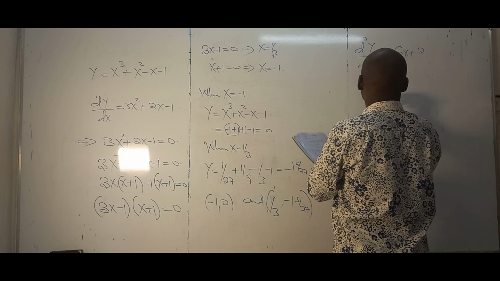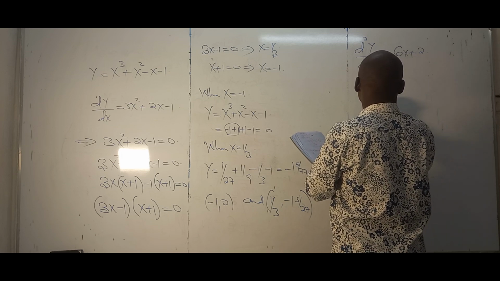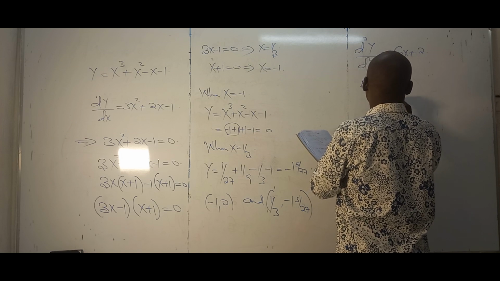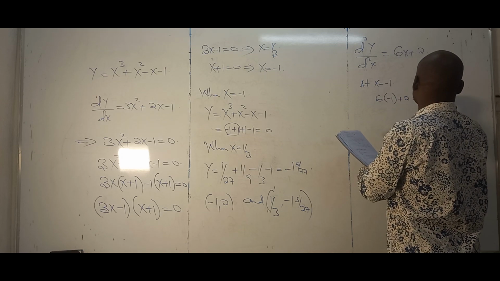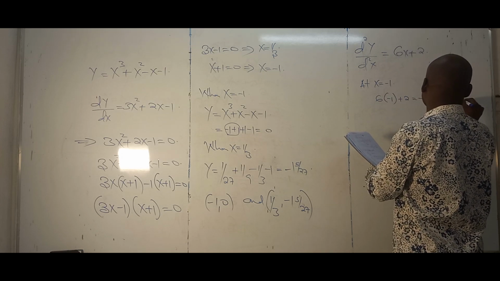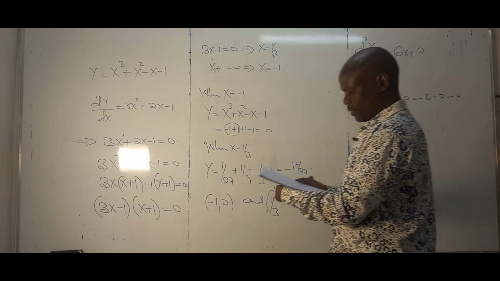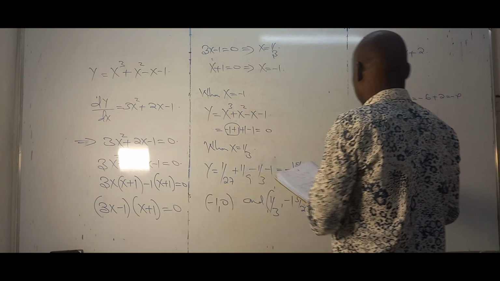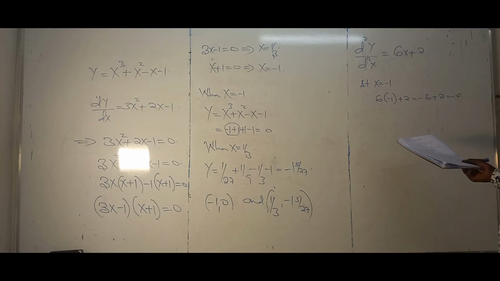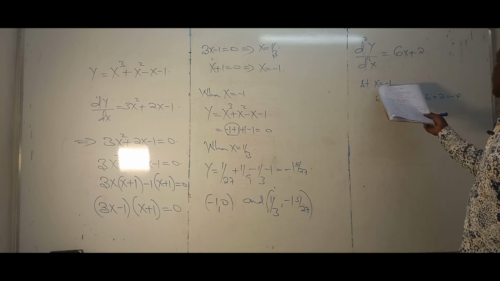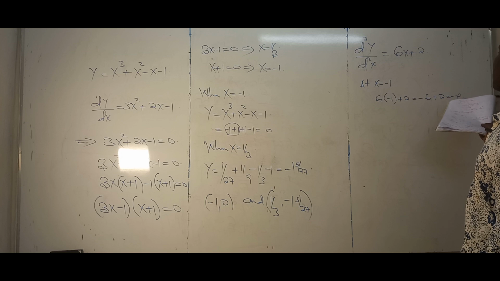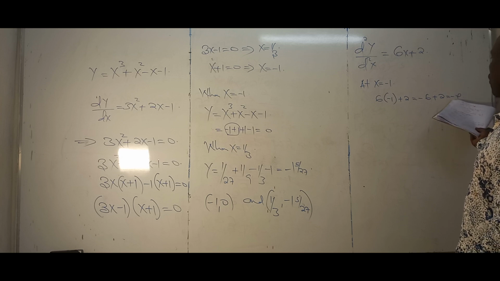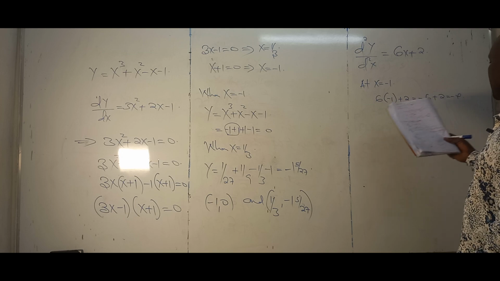This becomes 6 into -1 plus 2, which gives -6 plus 2, and that is -4. Because this gives us -4, we say that x equal to -1 is a maximum point, owing to this sign -4.